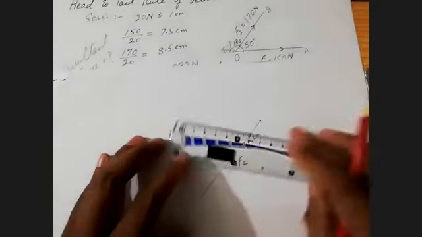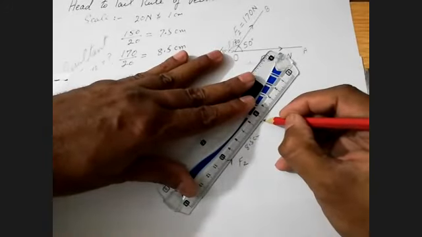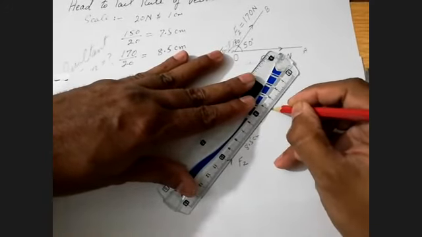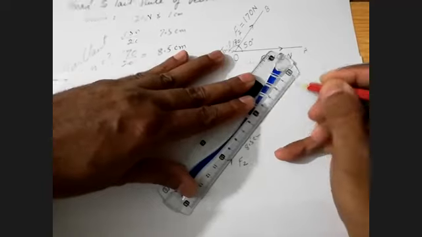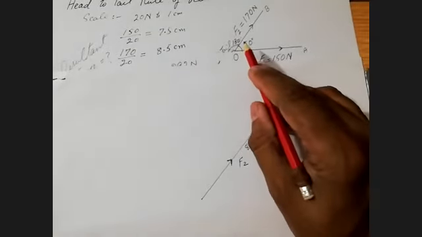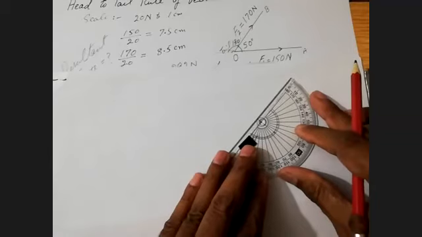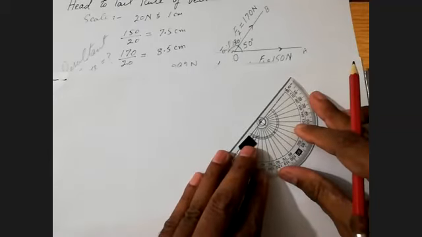I may extend this line like this. There are different geometrical steps which you can take if you are very good at geometry. Whatever way you take, you must make the angle of 50 degree. Now here you can see how I'm going to make the angle of 50 degree. I'm placing my protractor like this.